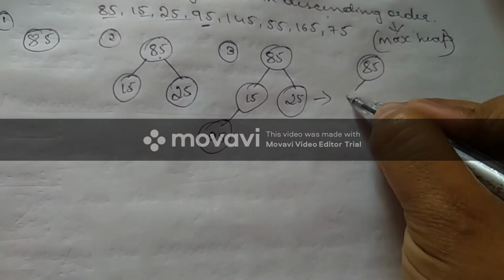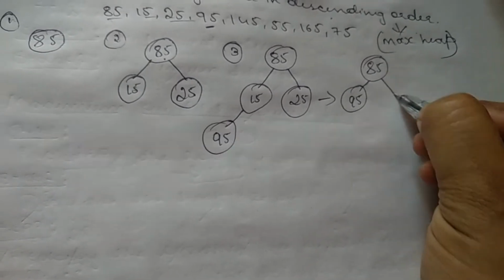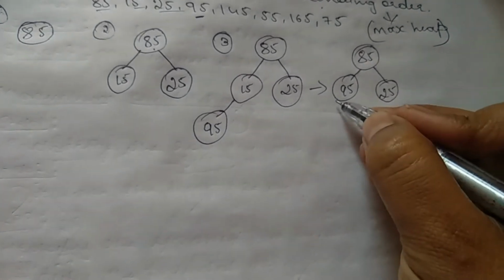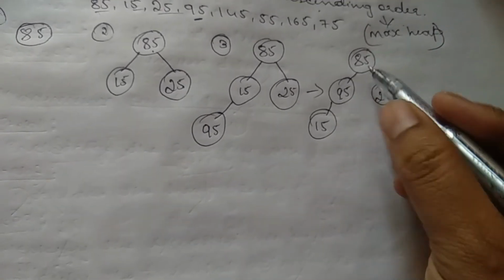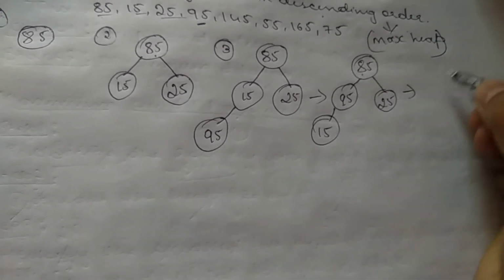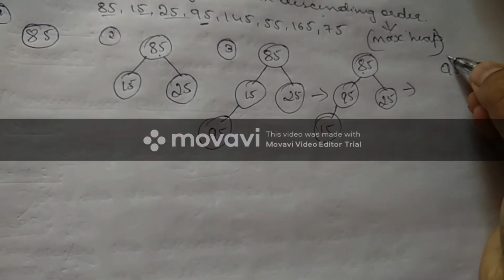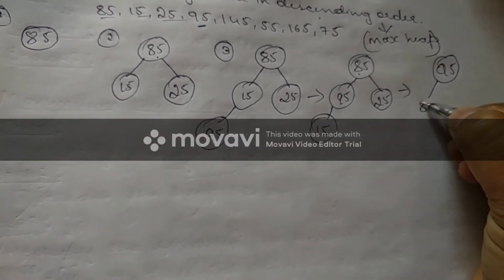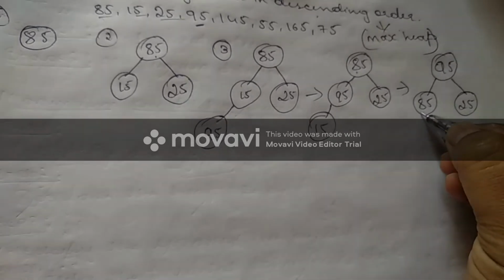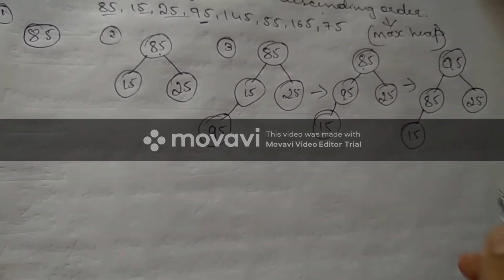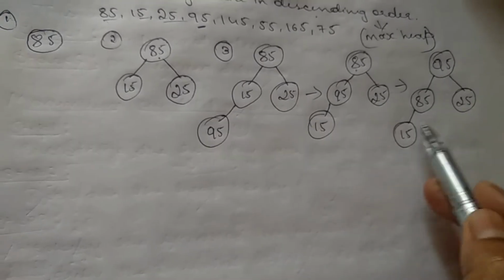So 85, here comes 95, here comes 25, and this is 15. Again, 95 is greater than 85, so it is not satisfying the parental dominance. Exchange 95 and 85: 85 will come here, then 25, then 15. Now it is satisfying the parental dominance.